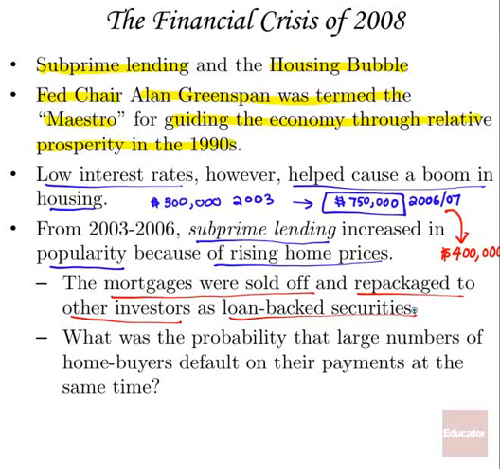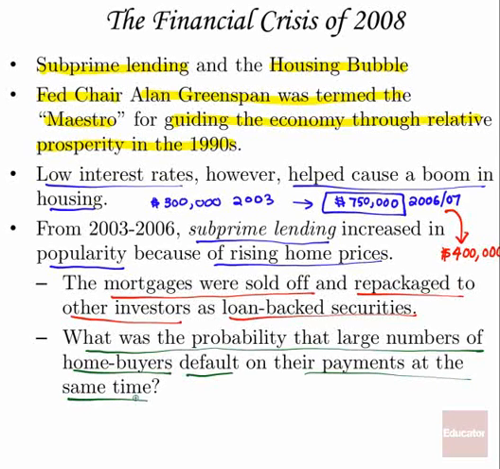So they didn't really care if the buyer defaulted on that loan, because they had already repackaged that and sold that off, and it wasn't really the concern of the original lender. And really, if you think about it, what really was the probability that large numbers of home buyers default on their payments at the same time? Well, the answer actually turns out there was a high probability, and it did happen, and we had the Great Recession of 2008.